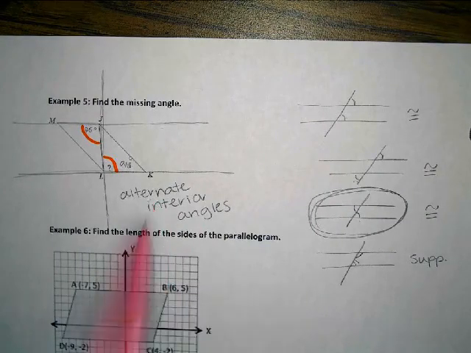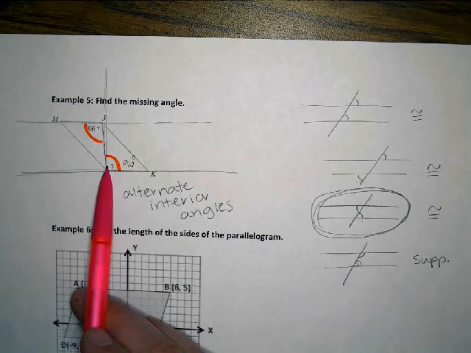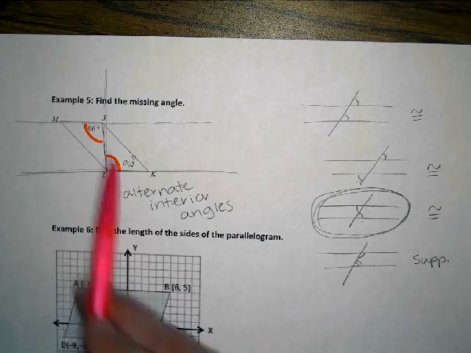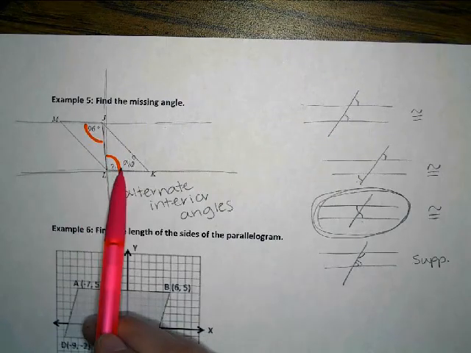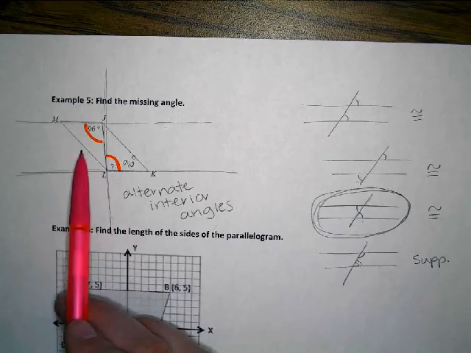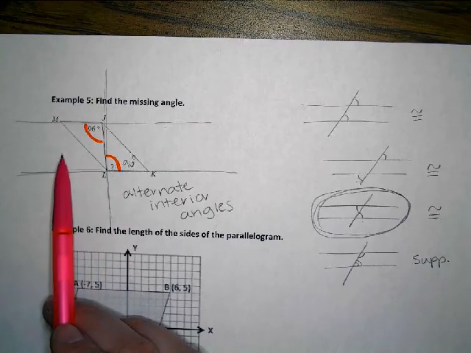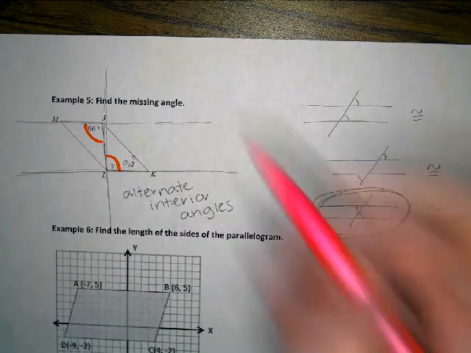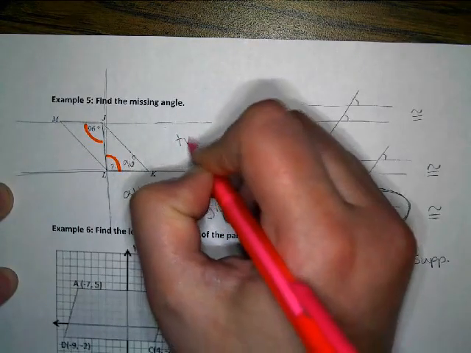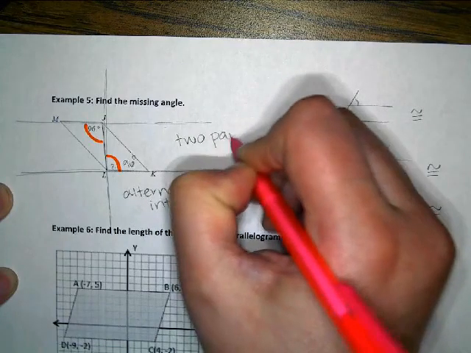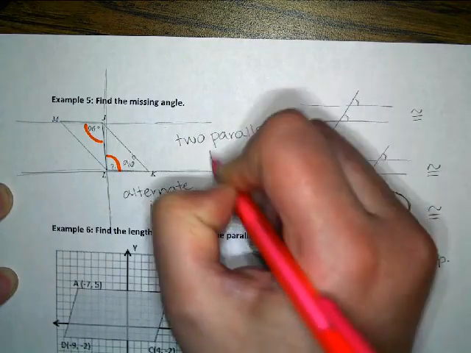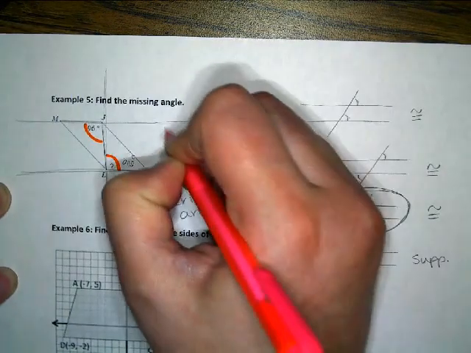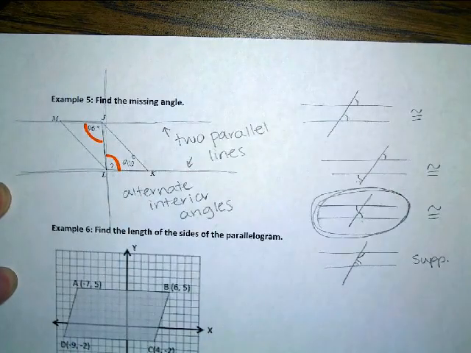They show up on either side of a diagonal because the diagonal is the transversal. Okay, so the two outsides of the parallelogram are the two parallel lines. Two parallel lines. That's the two sides of the parallelogram. And then your diagonal line is your transversal.